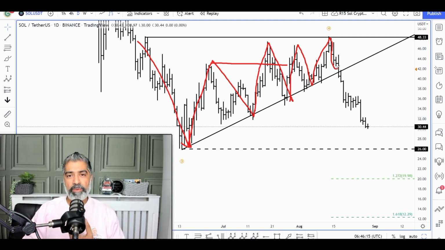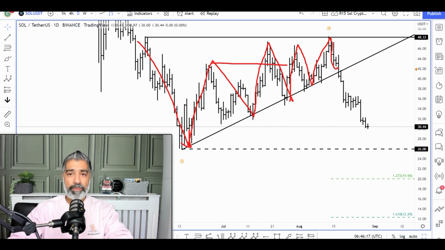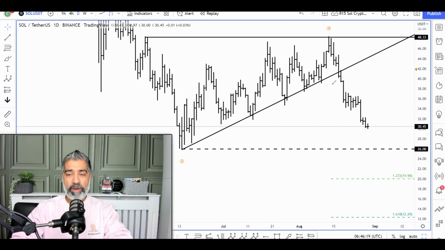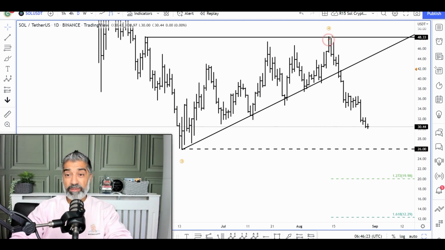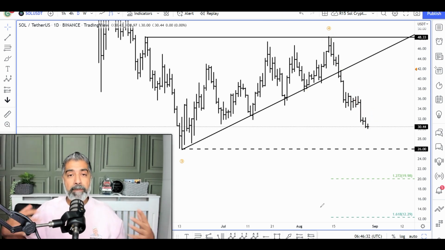When we see these patterns, more often than not, it's a bearish pattern, and you'll often see an end of a correction, a swing low getting exceeded, and the price moves to the downside. Now, obviously, $30 comes before $20, but we've been very bearish on Solana because of momentum, pattern, price. There's a few other indicators.